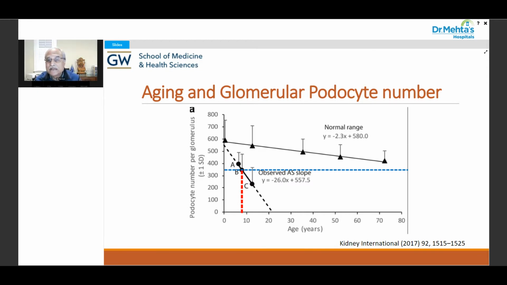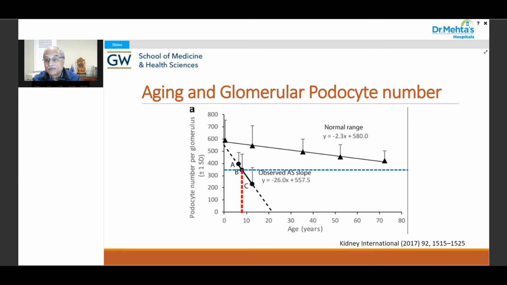So 580 in this particular data set was the number of podocytes in each glomerulus at the time of birth, at time 0. And over time, there is a gradual decline of podocyte numbers, at the rate of about 2.3 cells per year.